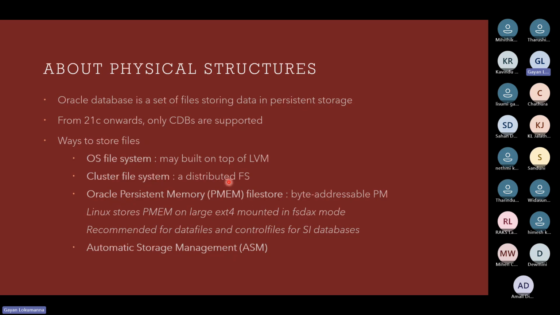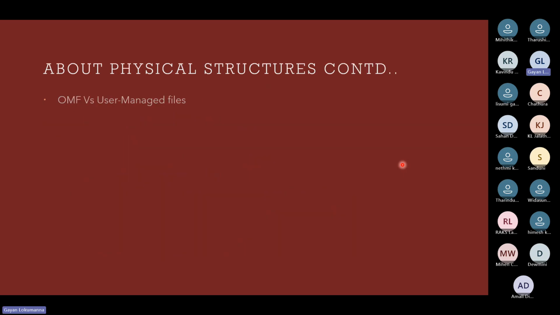And of course, I think probably in the second day of our series, we discussed ASM and how ASM behaves. So ASM is also another option that we can consider when we are storing our database files. Okay. So this is basically about the physical structures where you have the option of storing your files that are part of your database.